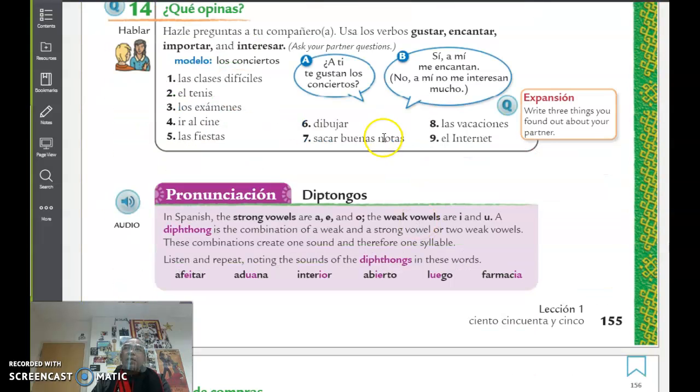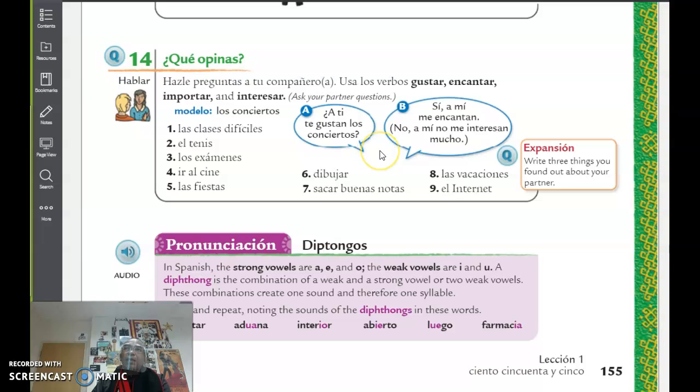Here in activity 14, you just have to create a mini conversation asking a partner questions such as this. ¿A ti te gustan los conciertos? Do you like concerts? Using the verb gustar. And the other person can say, yes, I like them. Or you can say, no, I don't like them. Sí, a mí me encantan. No, a mí no me interesan mucho.